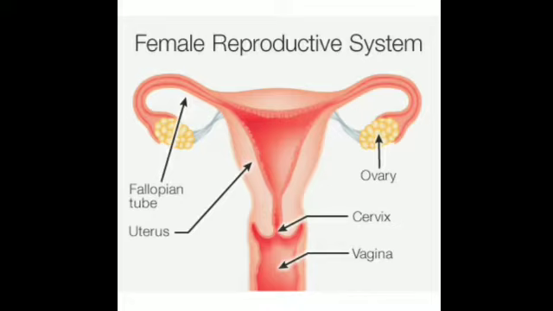And what do the ovaries produce? They produce the female gamete, or the female reproductive cell, which is also called the ova, the plural of ovum, or the eggs. And they also produce the female sex hormones, that is estrogen and progesterone. Is it clear? So this is produced by the ovaries.